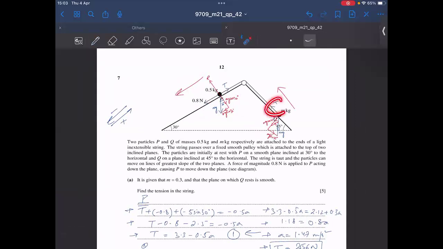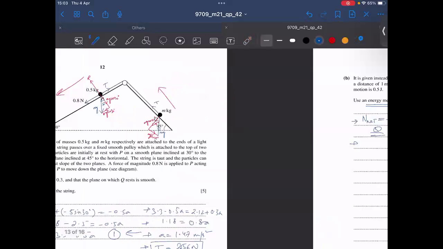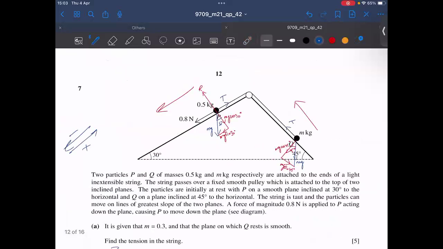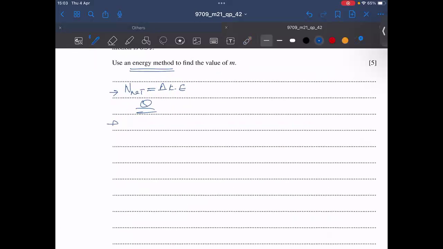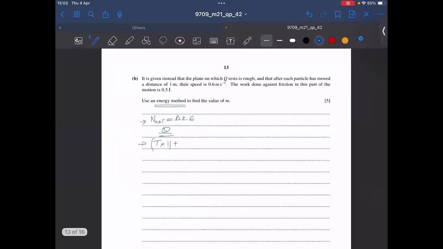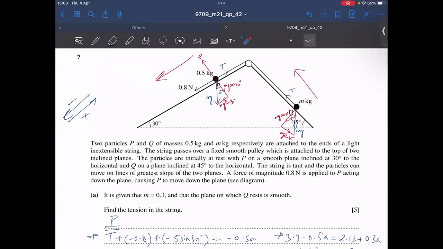We have the work done by T. Q is moving upwards, and T is directed upwards, so the work done by T is going to be positive, and it's going to be T times 1, because you have traveled a distance of 1 meter. Then I'm going to add the work done by the component of gravity. The other force is the force of gravity.